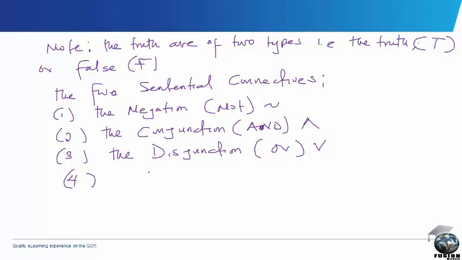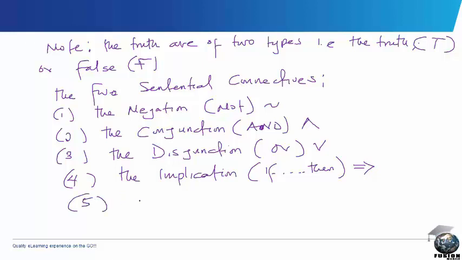And number four we have the implication, the if then statement, with the double lined stroke arrow.